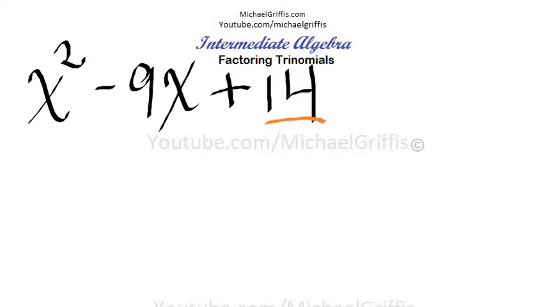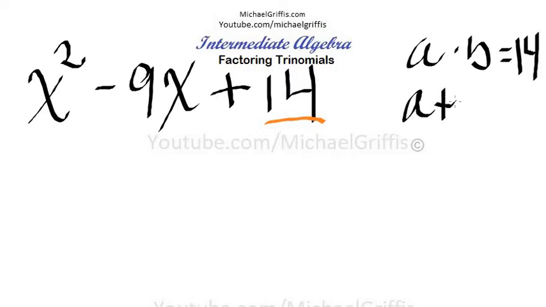For example, if we had 2 numbers, a times b is equal to 14. And if we add the 2 numbers, a plus b, they need to be equal to, right here, negative 9.